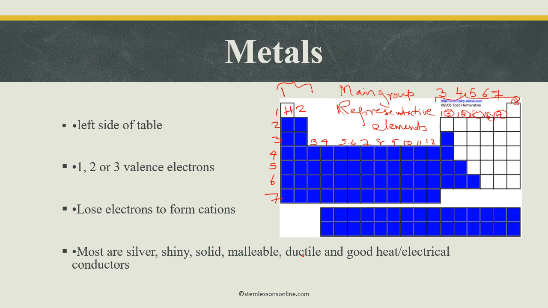Since the first group has one valence electron, it will remove one electron and have a charge of +1. Since it has 2, it will have a charge of +2. Since it has 3 valence electrons, it will remove all 3 and have a +3 charge. That is called the oxidation number, or valence, or the charge of the ion it's going to form.